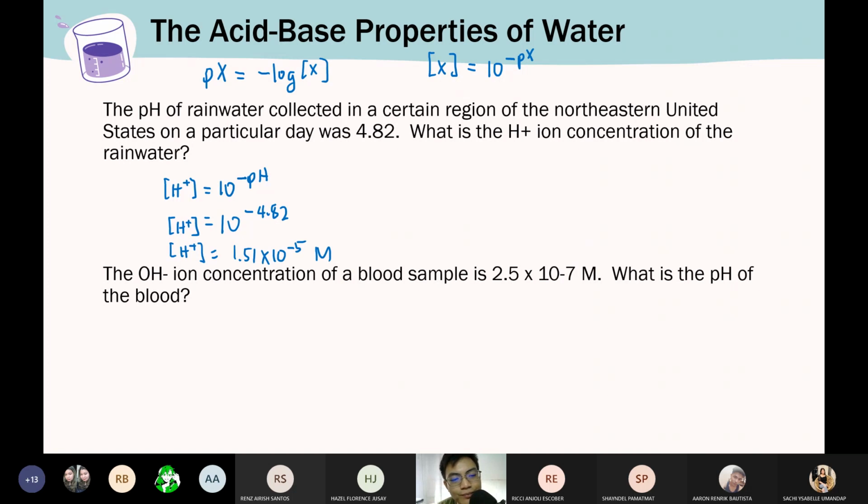Next problem. The OH ion concentration of a blood sample is 2.5 times 10 raised to negative 7 molar. What is the pH of the blood? There's actually two ways to answer this. Could anyone tell me ano kaya yung ways na yan?